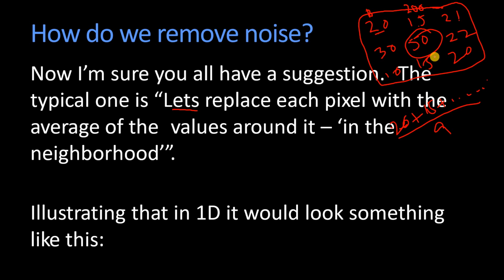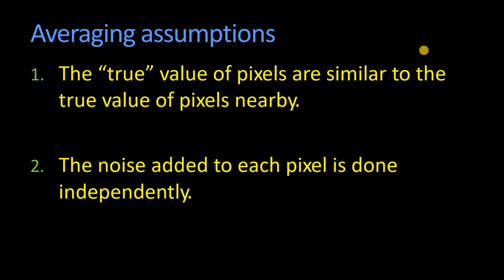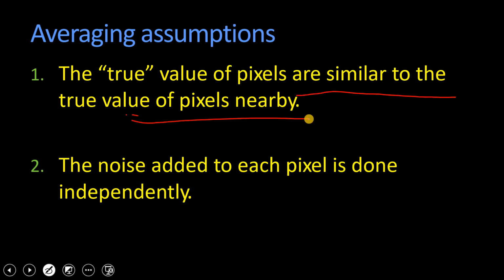Now this is the trouble, because how will you tell the difference between the value and the noise? So the true values of the pixels are similar to the values of the pixels nearby. All the surrounding pixels have the same values with a little bit of variation, not too big a variation.